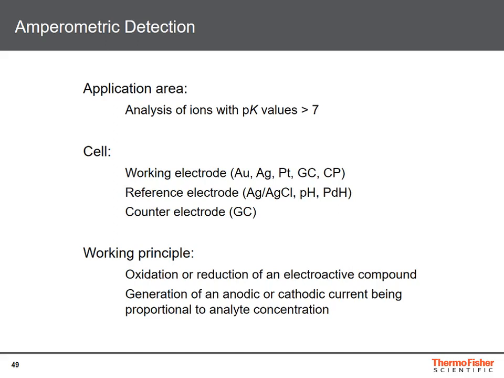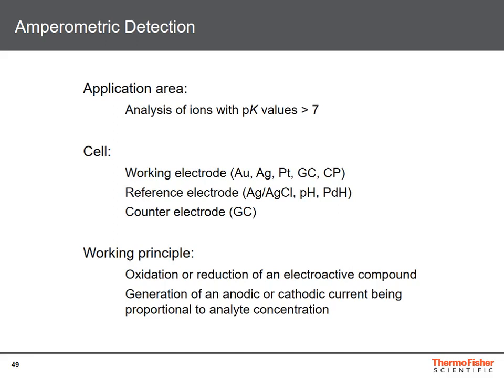Reference electrodes are typically a silver-silver chloride one, or a pH electrode, or a combination of both, but lately we also see the use of palladium hydride electrodes, which have the advantage of a much longer lifetime. The counter electrode is either glassy carbon or simply the stainless steel body of the electrochemical cell.